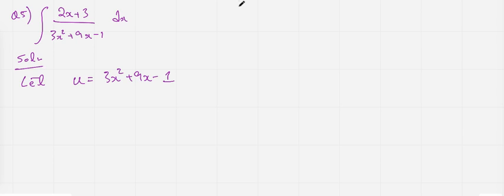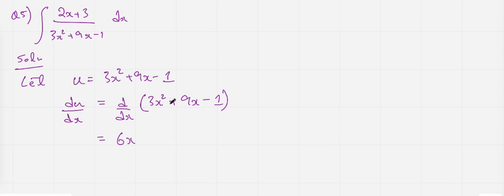I'm going to differentiate both sides with respect to my original variable x. The derivative of 3x squared gives me 6x, plus the derivative of 9x is simply 9, and the derivative of 1 is 0, so no need to write 0.